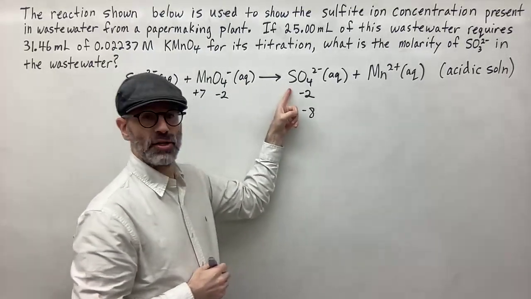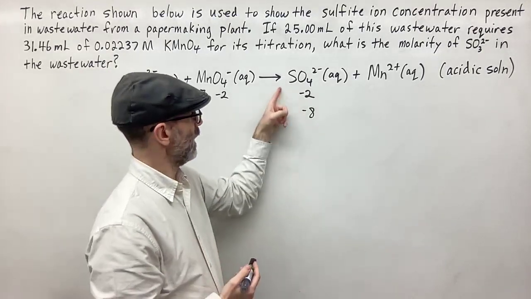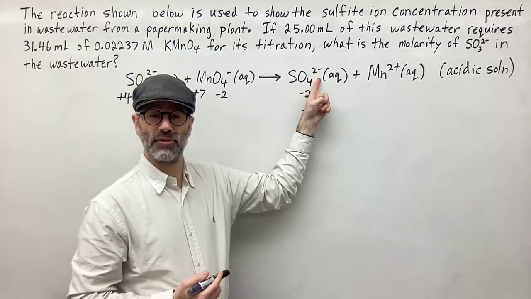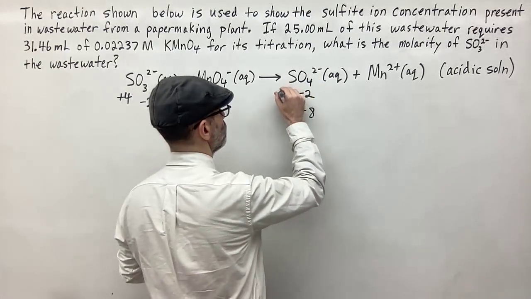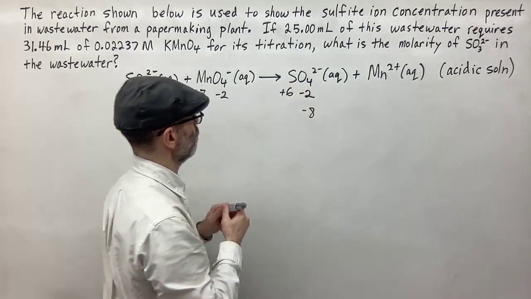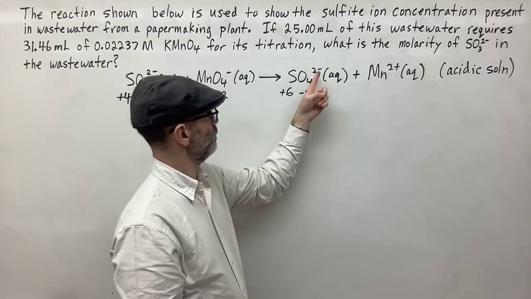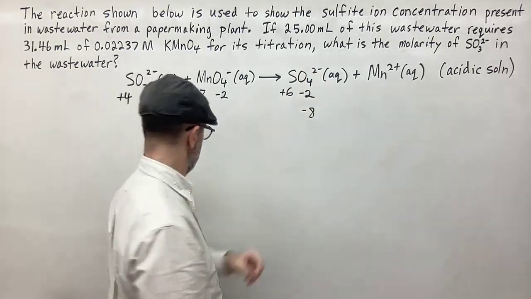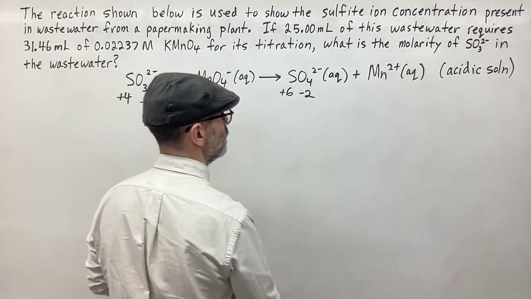And again, sulfur needs to have an oxidation state such that when I add it to -8, it gives me a 2 minus, right? So what is that going to be? That's going to be a +6. So +6 minus 8 gives me a 2 minus charge. So that's going to be the oxidation state of sulfur. So I can go ahead and erase this.